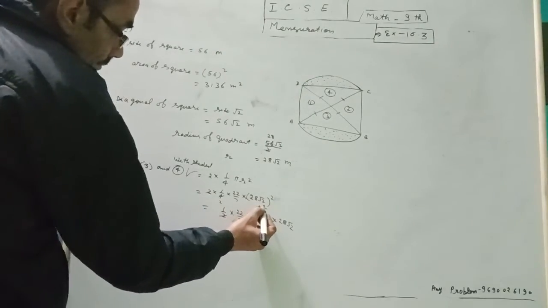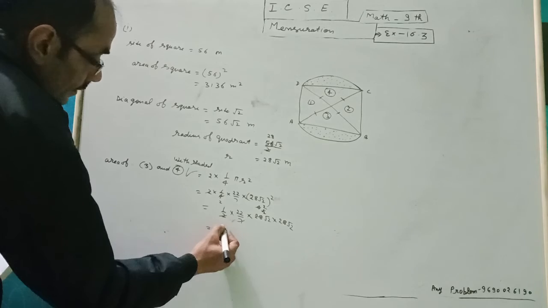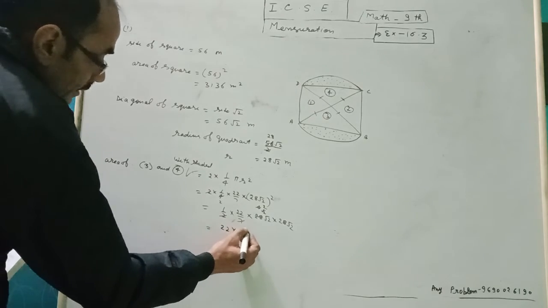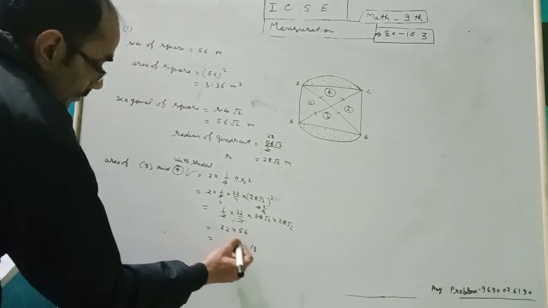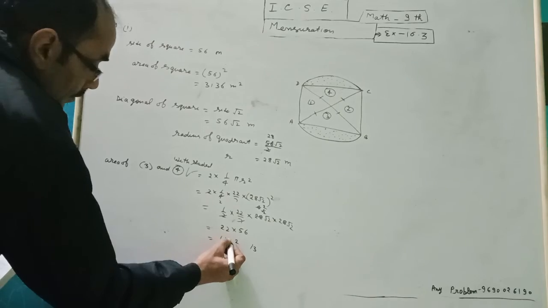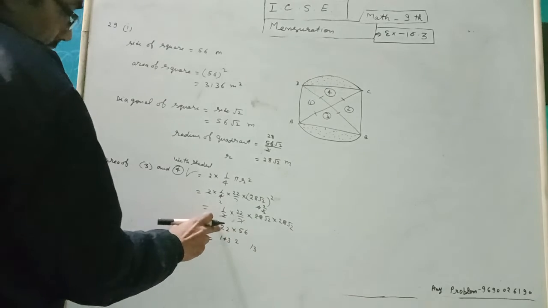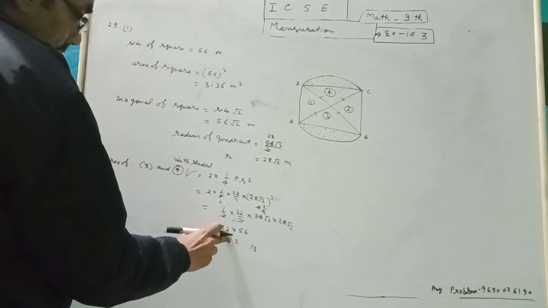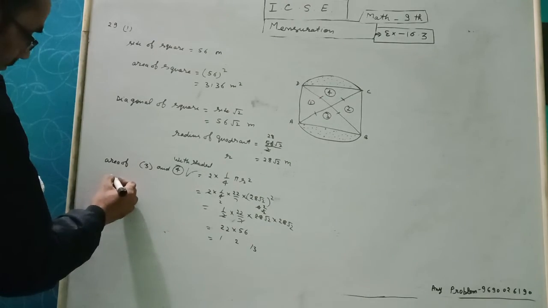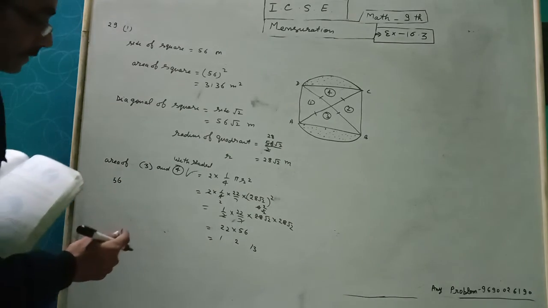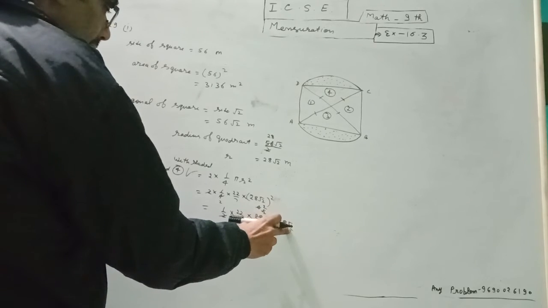After multiplying, 56, 22 into 56. Under root 2 multiplied by under root 2 is 2, clear.